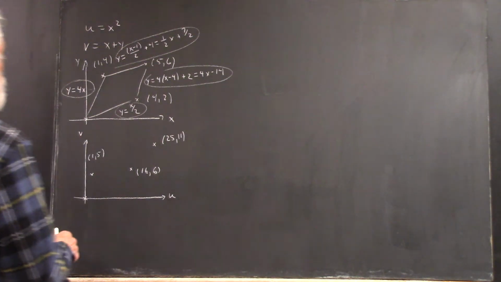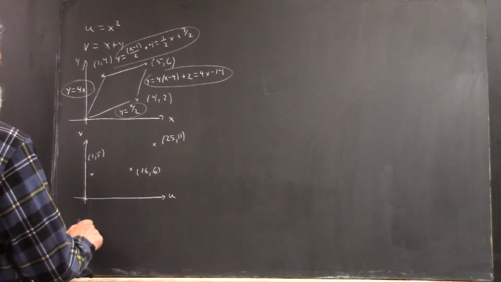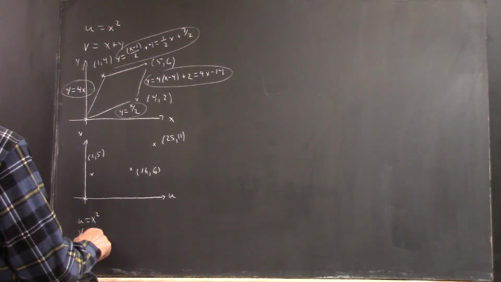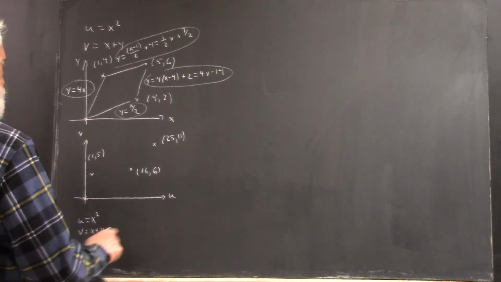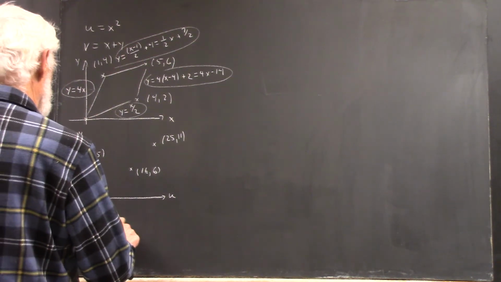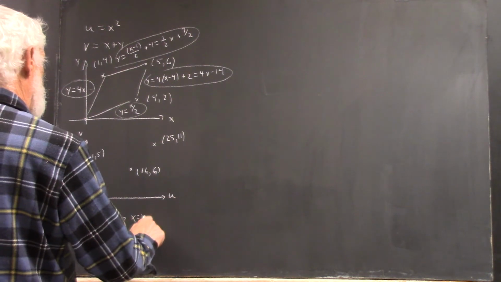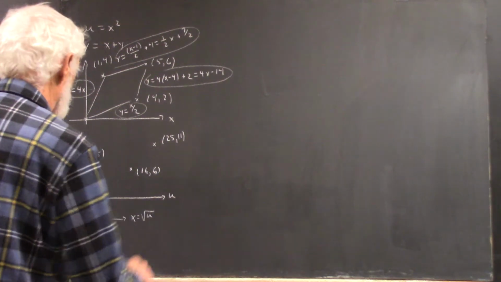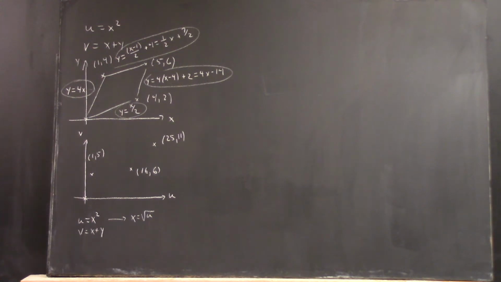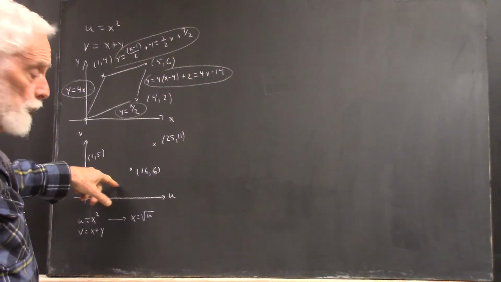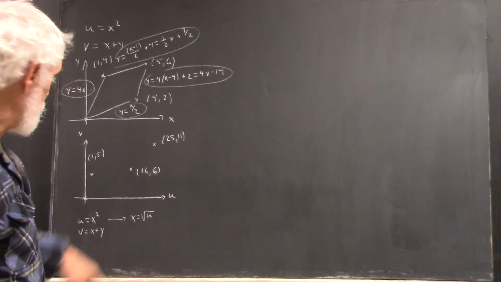It's actually plus or minus the square root of u, but we're in the first quadrant, so we're not going to worry about the plus and minus.